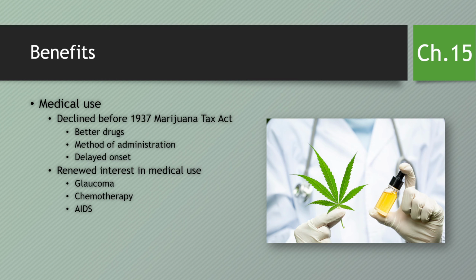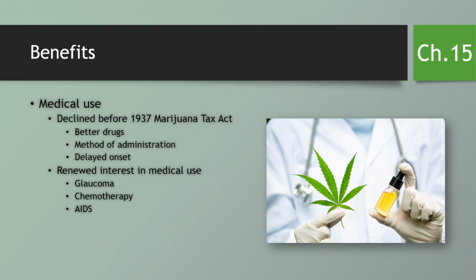The method of administration, right? Most of the ways of ingesting marijuana is through either smoking or orally, which tends to either be harmful to the lungs or have a very delayed onset of the effects if taken orally.